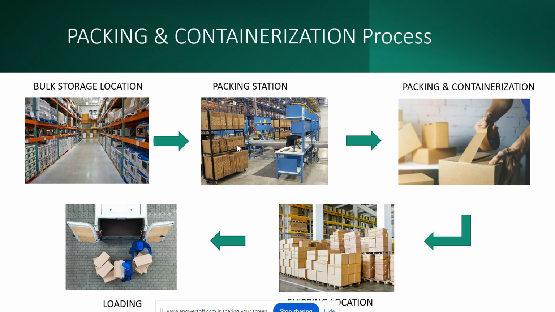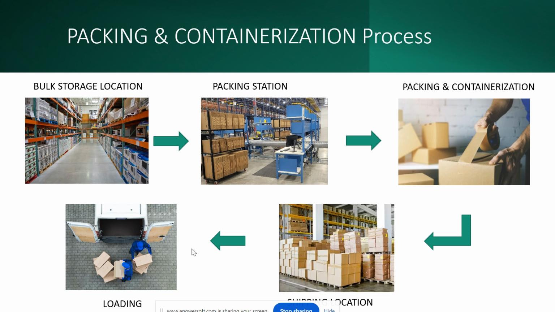Once the material is moved to the packing station, the person doing the packing and containerization will complete the packing process. Once it is packed, it needs to be moved to the shipping location. The containers that have been packed are moved to the shipping location, and from the shipping location the loading happens, and after it is loaded the shipment is confirmed. So this is generally the process which happens in packing and containerization, right?